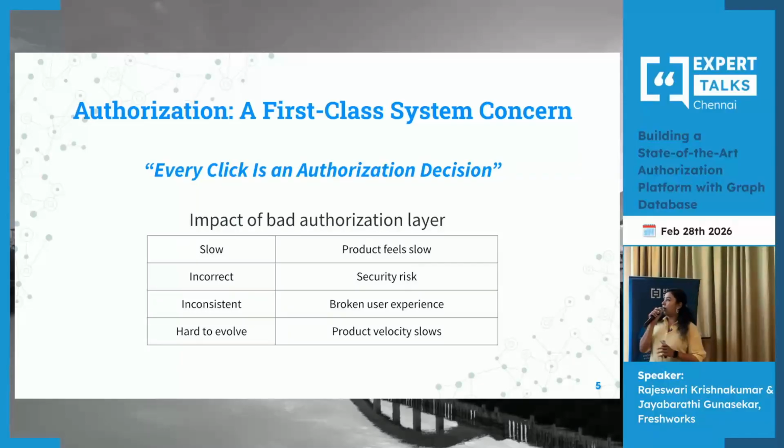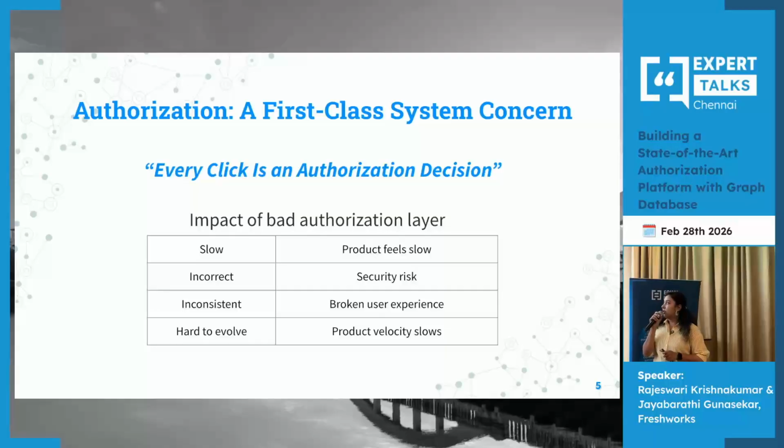So, what is the impact of having a bad authorization layer? If it is slow, your entire product feels slow. Let's say all your authorization checks take more than 1 second. Every operation that you do in the system will go through your authorization layer and everything will take a latency of more than 1 second. So your entire product feels slow. If the authorization layer is incorrect, it will result in a huge security risk. There'll be a huge security violation, unauthorized access, and you lose all your data.